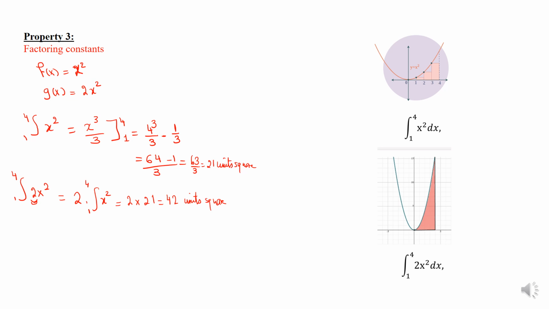So here, since the integral of x squared is multiplied by 2, the area under the curve of f of x equals 2x squared will be double the area under the curve of y equals x squared. If it is multiplied by 3, it will be triple. By 4, it will be times 4, and so on. But the shape of the curve does not change.